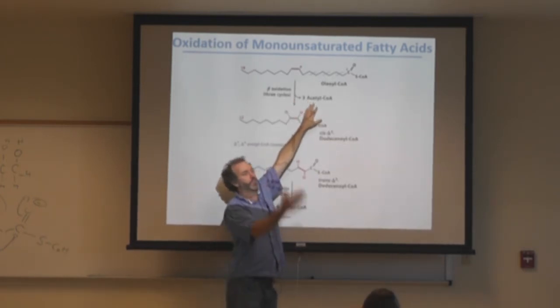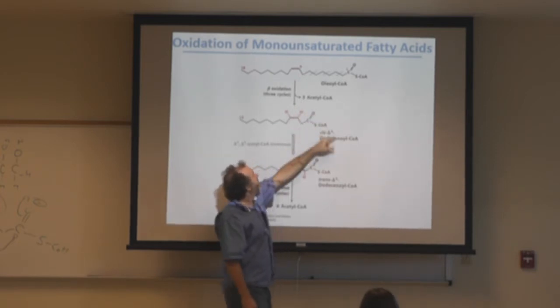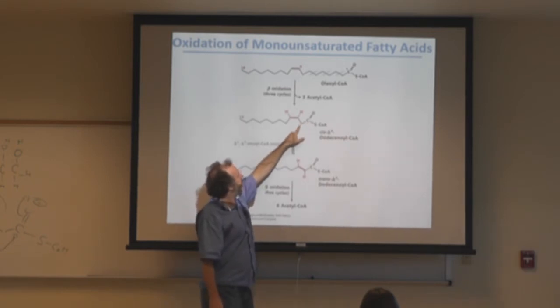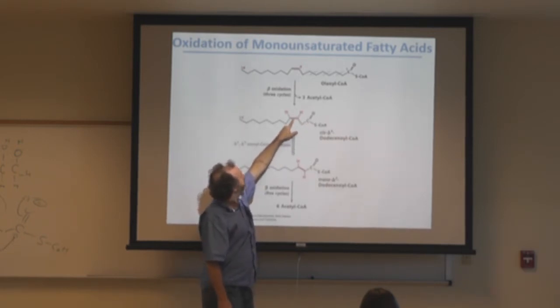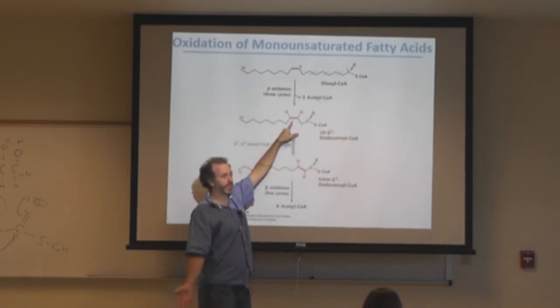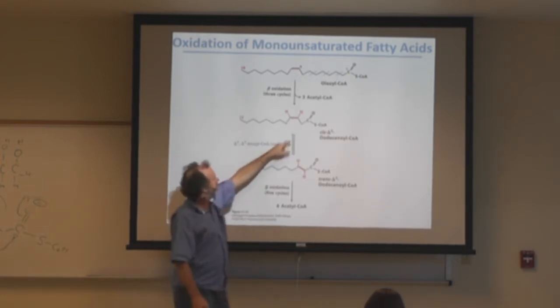Normal beta oxidation will take place for the first 3 cycles, and you release 3 acetyl-CoAs. But then you get to this cis delta 3 dodecanoyl-CoA. It's a cis delta 3 bond, so you have the ene group on the number 3 carbon.